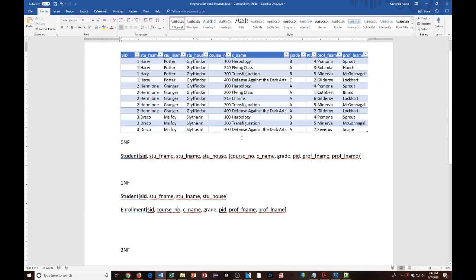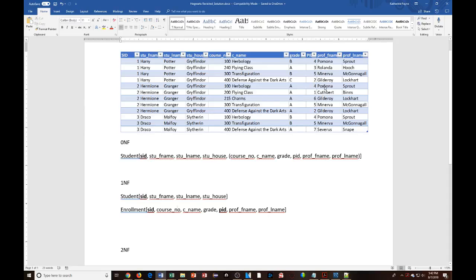If we look more closely though, we also have a case of 400 with 7. What this tells us is that we don't have course number determining professor ID. If we go the other way around with the professor ID, we see that 7 leads us to 400, 2 leads us to 400, that's fine, that's still a function, 4 leads us to 100, and so on.